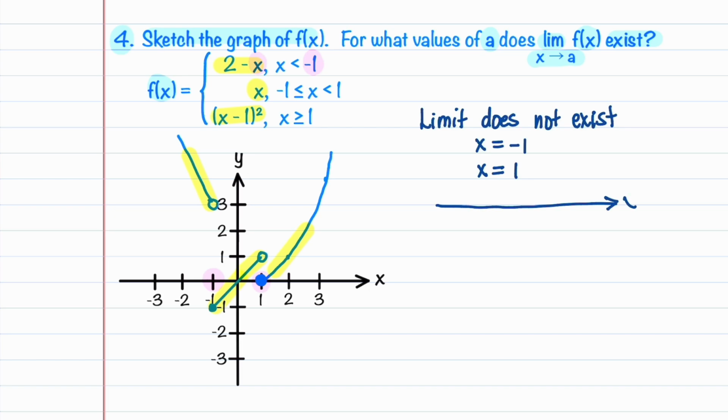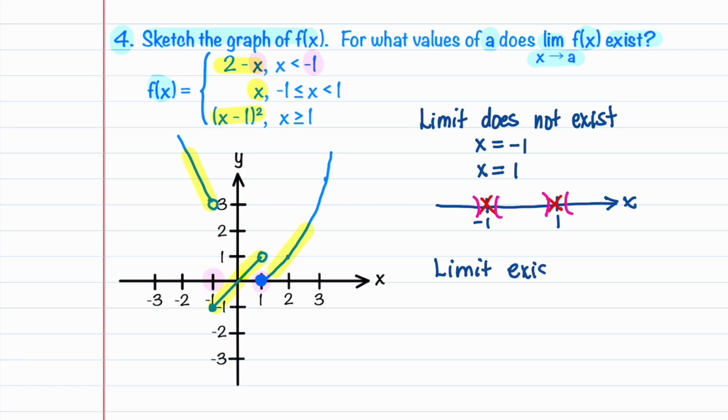We'll label this as x, and then we'll put -1 and 1 on it, and we're going to put an x at those points. So our limit is going to exist in that interval, in the interval between these, and then in the interval to the right.